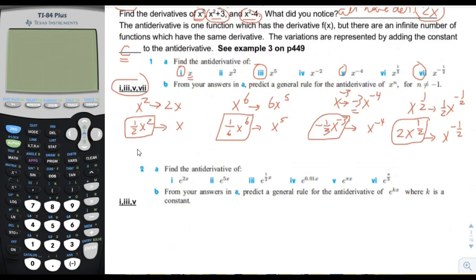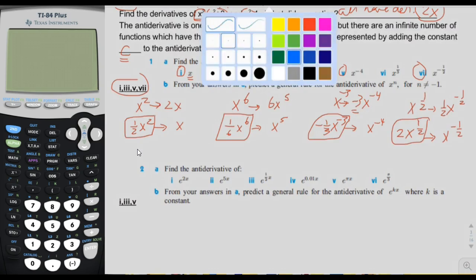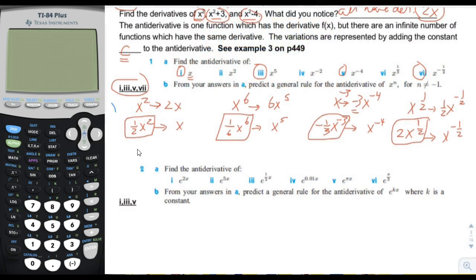Okay, so from these answers, can we think of a general rule for x to the n? For this one, we started out with x, we took the antiderivative, and we got 1/2 x squared. For this one, we started with x to the 5th, and we got 1/6 x to the 6th. For this one, we started out with x to the negative 4th, and we ended up with negative 1/3 x to the negative 3rd.